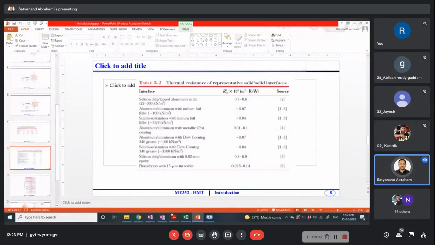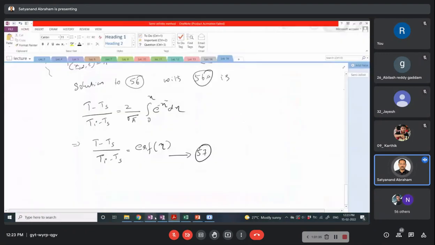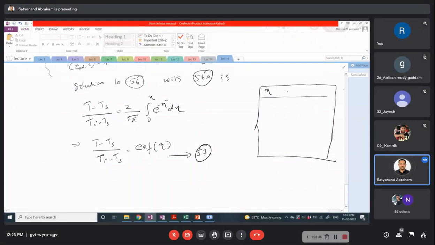From the textbook it is available. It will give you a tabulated value like this: for a particular eta, what is the corresponding error function. Directly you will get it.